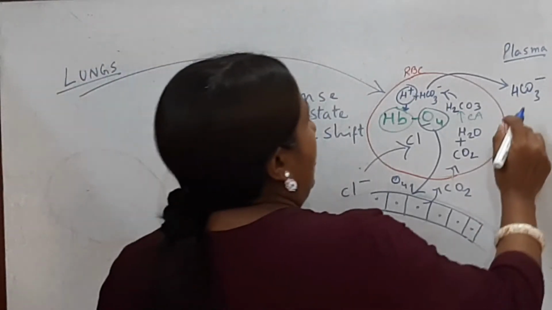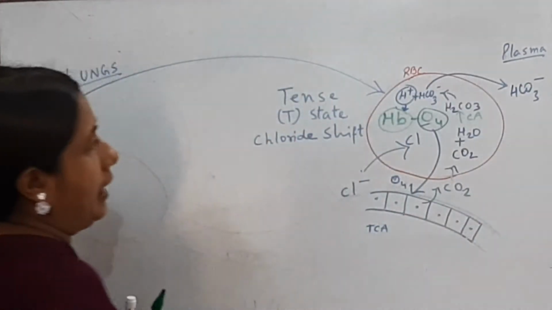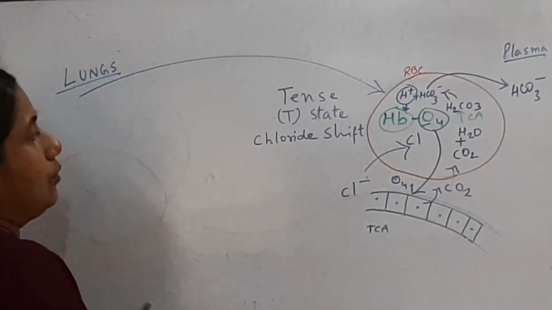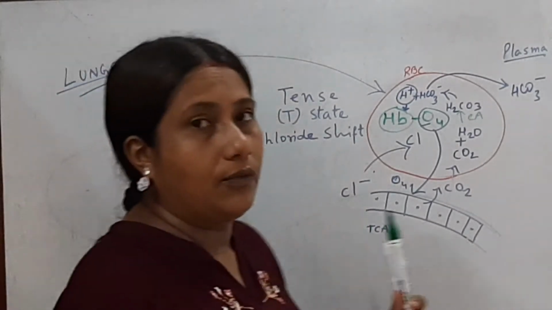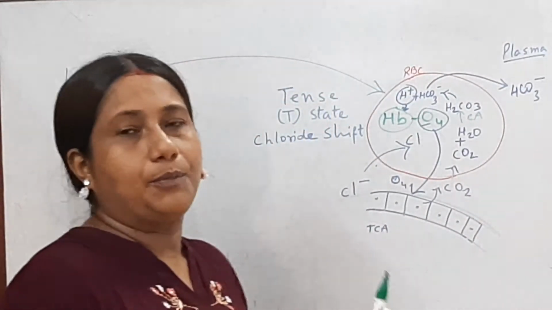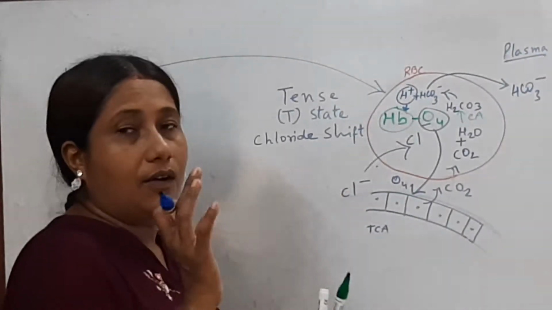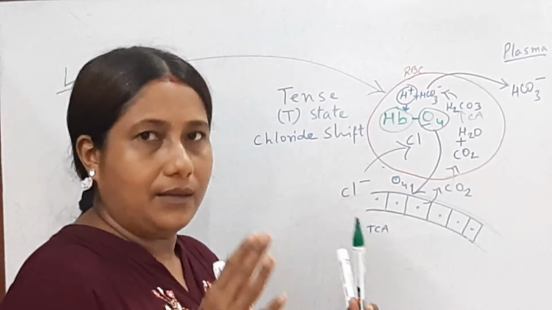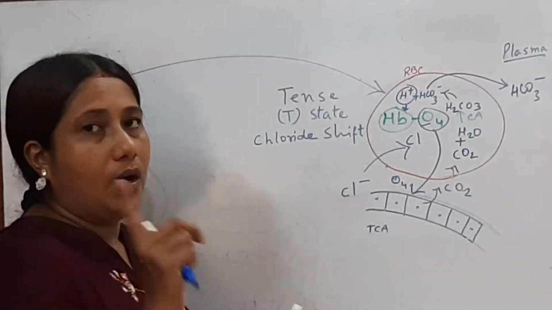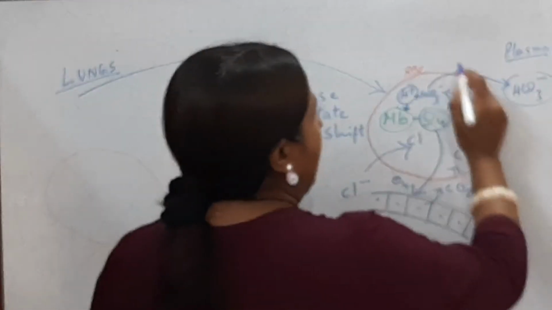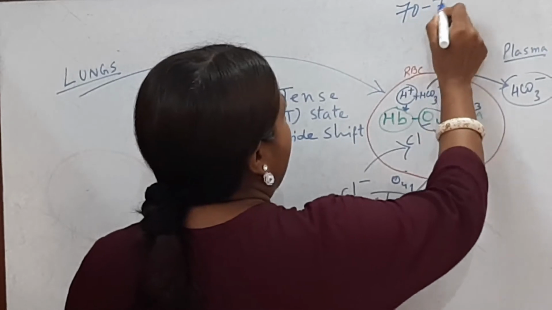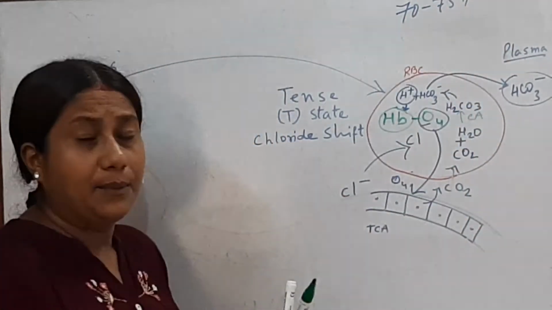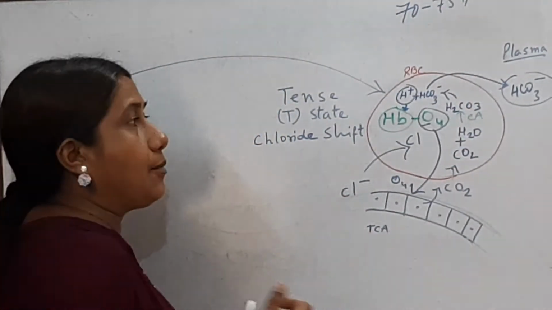Okay, now this bicarbonate ion, what will happen to this, I am telling you. Before that, let me recall one thing that I have already explained in the previous video, that carbon dioxide is transported by 3 methods. What are they? I hope you remember till now. One is in the bicarbonate ion form, at around 70 to 75% or 80%, by the plasma.